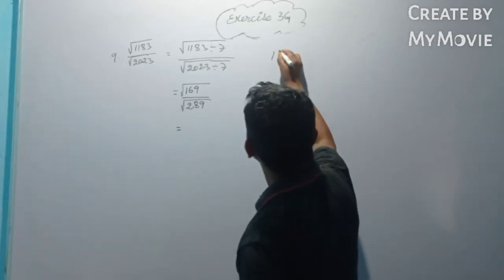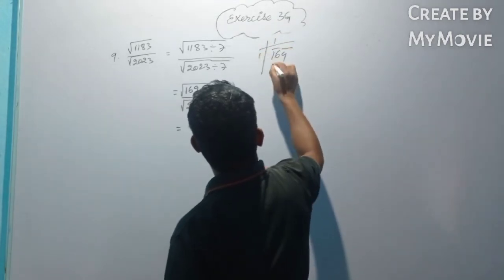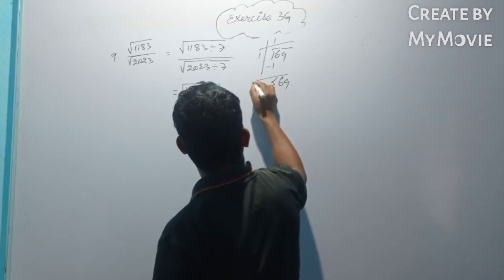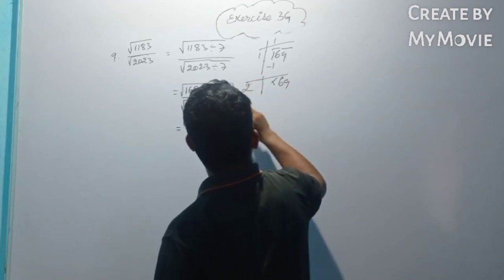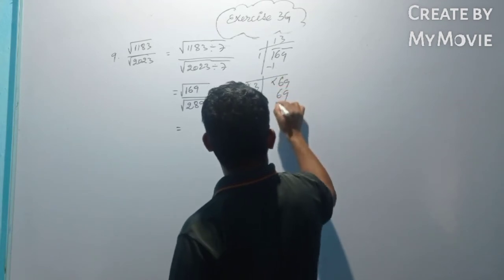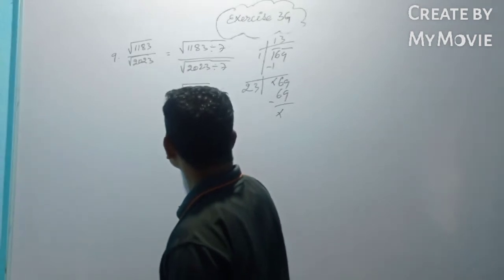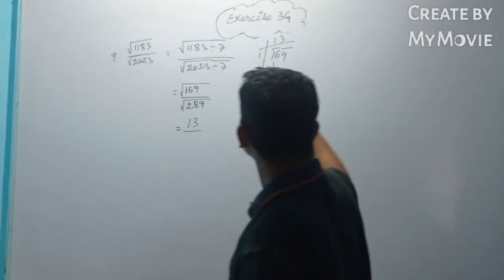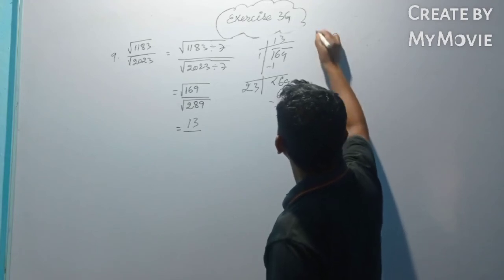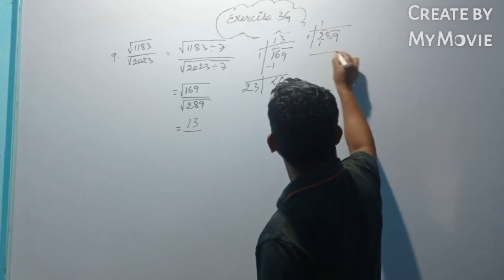Now 169. 1 1 is 1. Okay, 1 plus 1 is 2. 3 3s are 9. 3 2s are 6. So square root of 169 is equal to 13 upon, now square root of 289. 1 1 is 1.